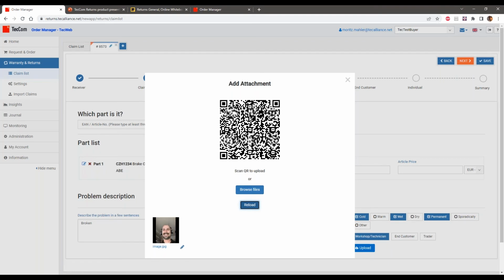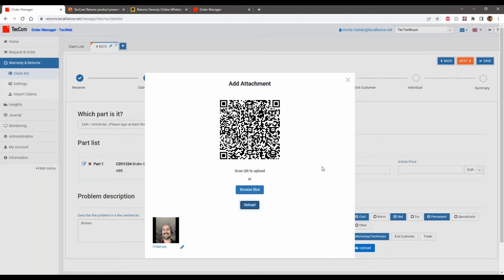And this is a really, really nice possibility to bring the physical world into the digital world. Just imagine, there is a really dirty workpiece in front of you on your desk. You want to create a claim, so you make a picture.